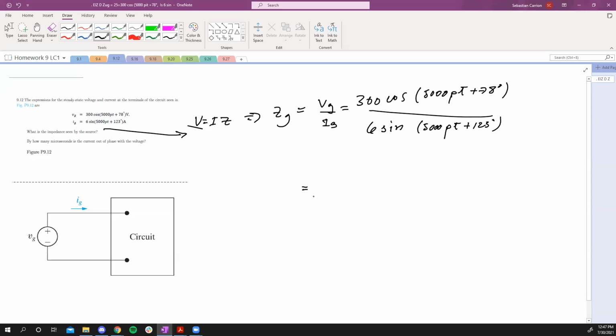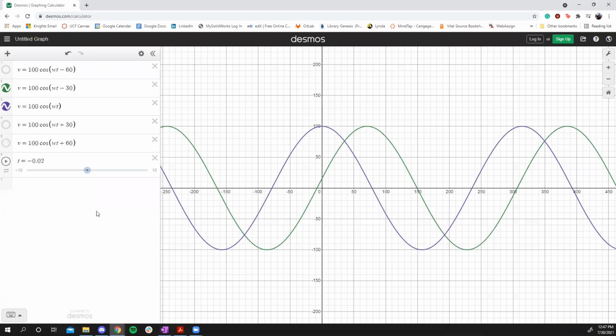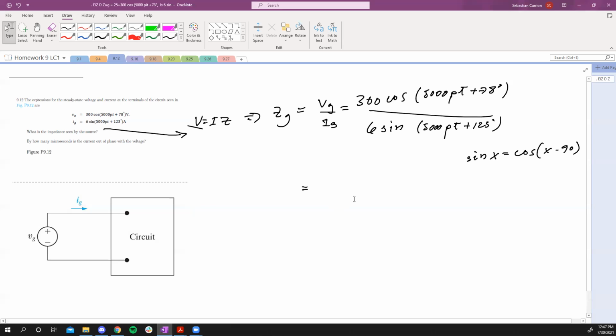I think that would be one of the trigonometric identities that says that sine of x, I believe, is cosine of x minus 90. So we go ahead and do that.